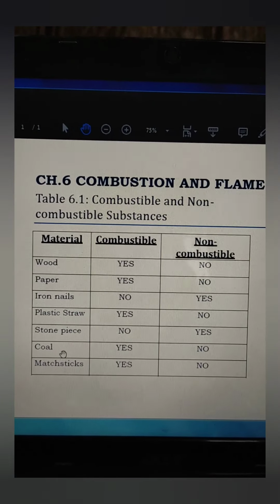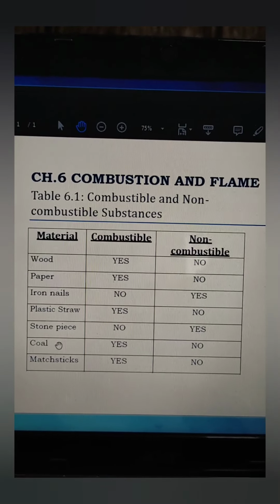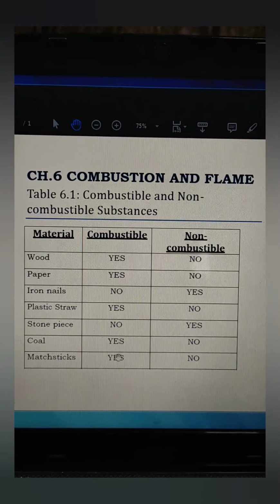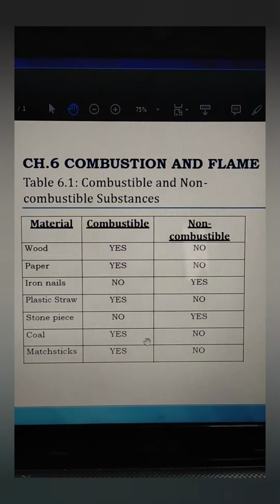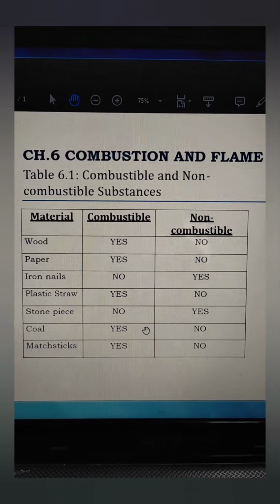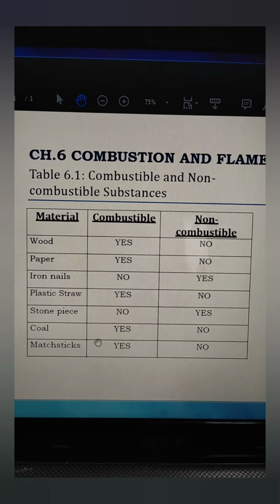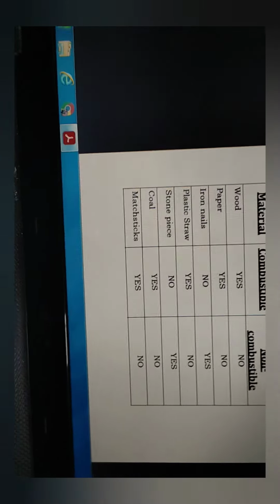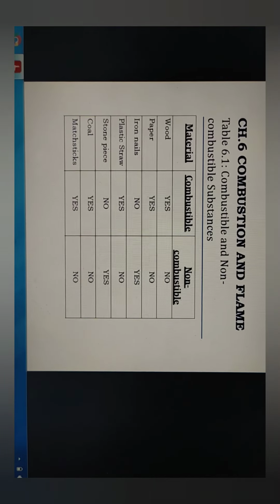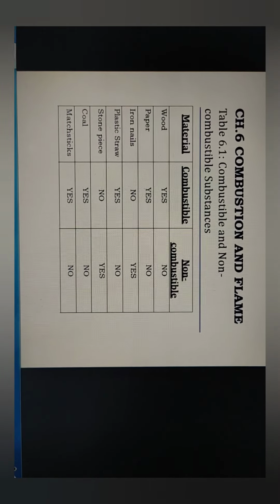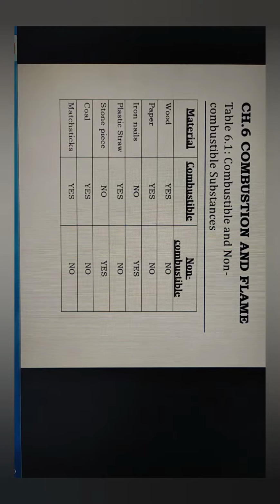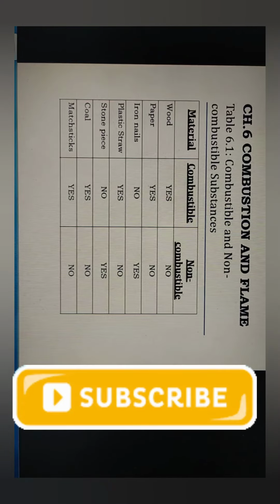And the coal's ignition temperature is very high, so it takes time to catch fire, but it also catches fire, so it is also a combustible substance. Matchstick is also a combustible substance. We use it in day-to-day life, and it catches fire very easily as its ignition temperature is very low.